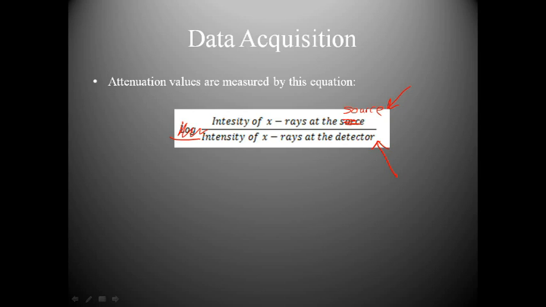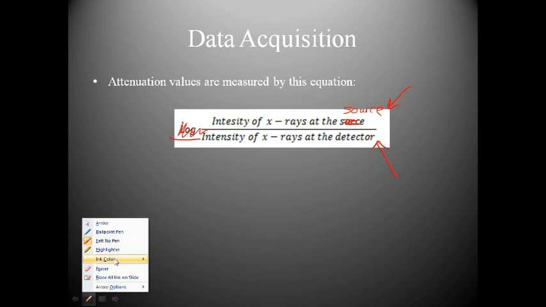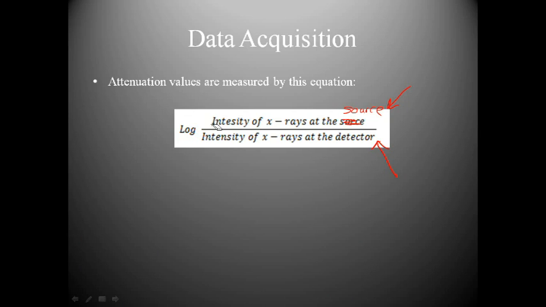And so that's very important. Basically, the only thing I really expect you to remember from this slide is that you have to take a measurement of the X-rays at the source and at the detector. Both of these measurements are very important.